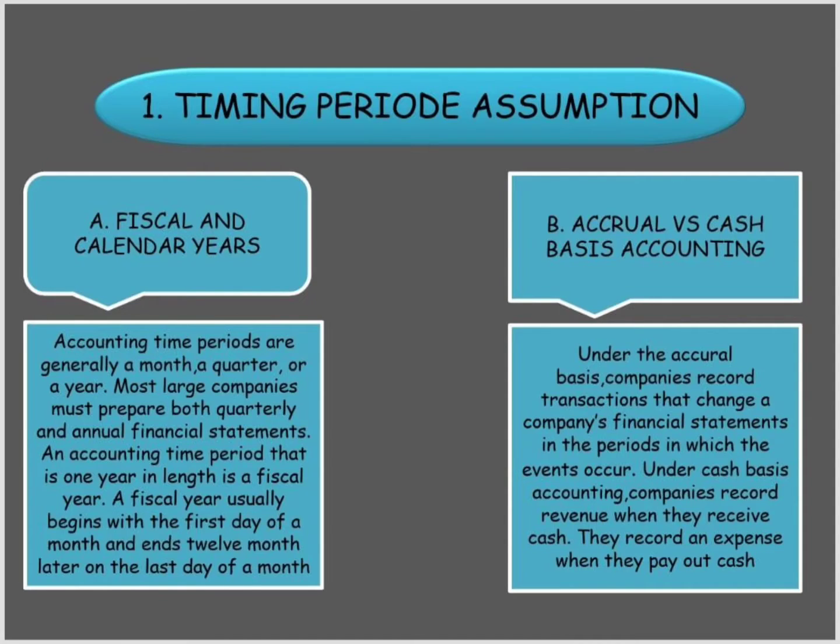For example, using the accrual basis to determine net income means companies recognize revenues when earned. It also means recognizing expenses when incurred. An alternative to the accrual basis is the cash basis. Under cash basis accounting, companies record revenue when they receive cash and record an expense when they pay out cash.